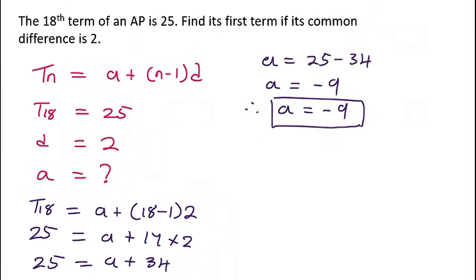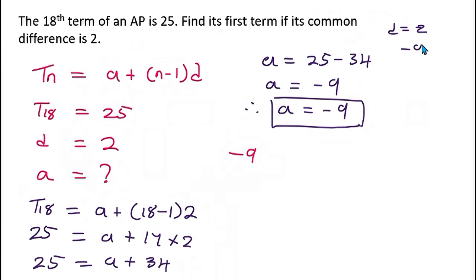Now let's see if we can generate the other terms of the sequence. We know that the first term has been given to be negative 9. The common difference here is 2, D is given to be positive 2, so we know that each next term should be added by 2.